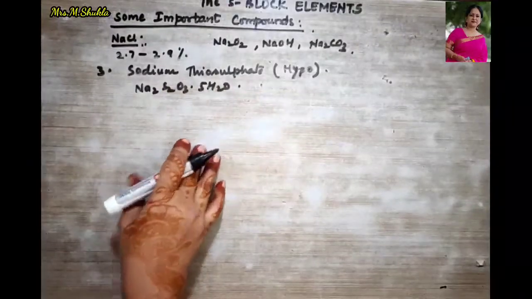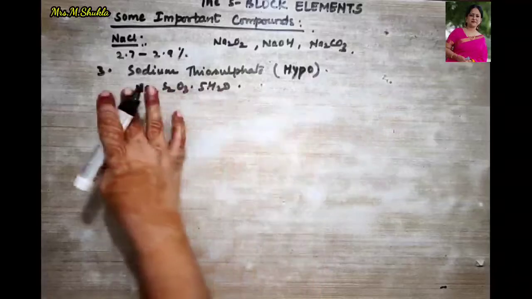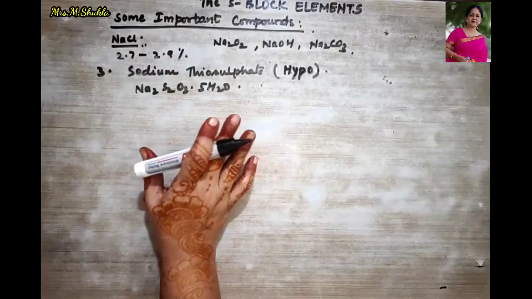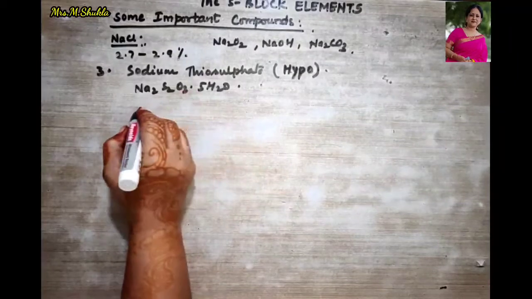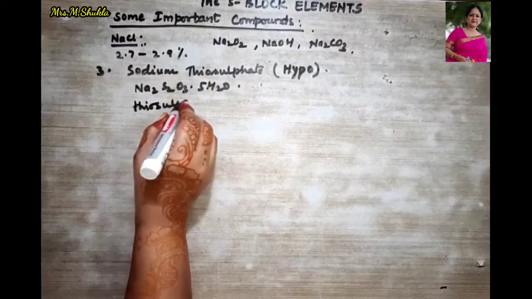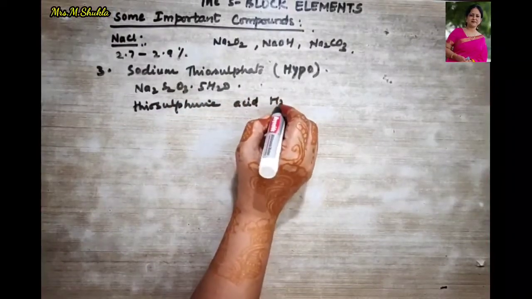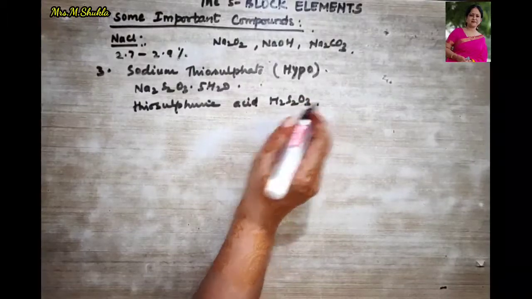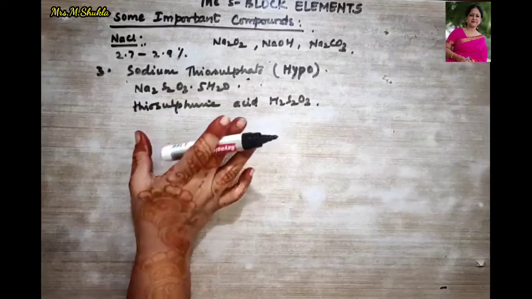This is called hypo or sodium thiosulfate. So it is a salt of thiosulfuric acid. What is thiosulfuric acid? Thiosulfuric acid is H2S2O3. So your sodium thiosulfate is the salt of thiosulfuric acid.